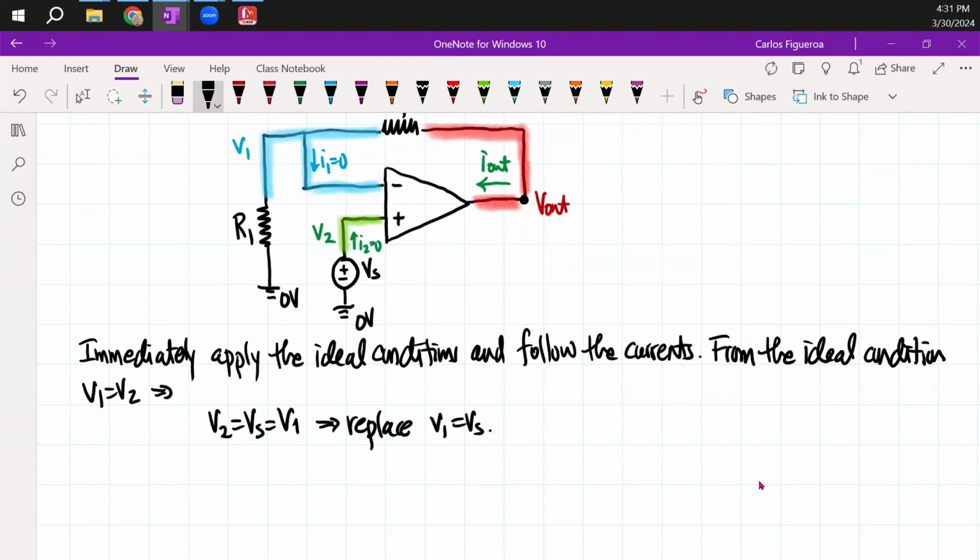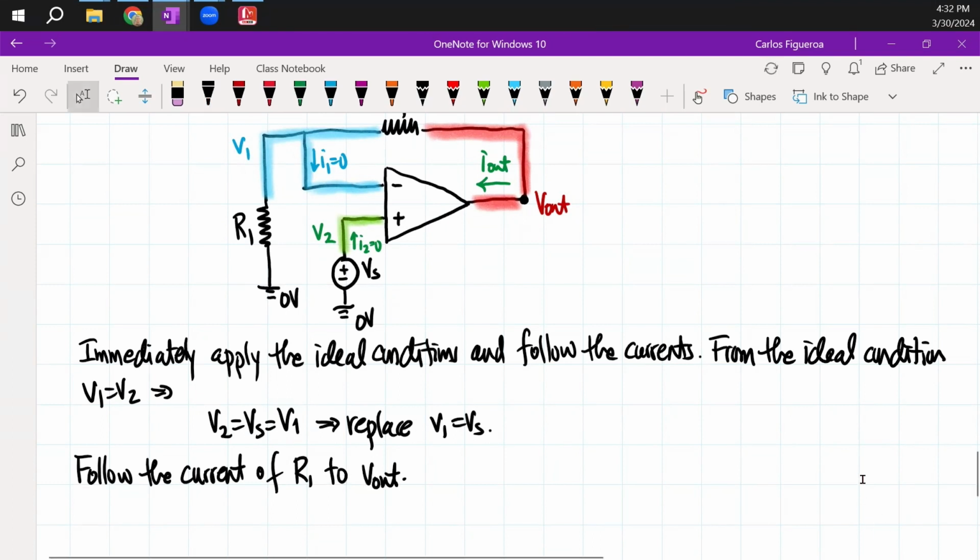So now what we do is follow the current of R1 to the out. We start with the first one. If we see that, we immediately conclude that this node is automatically Vs, which is a known value.